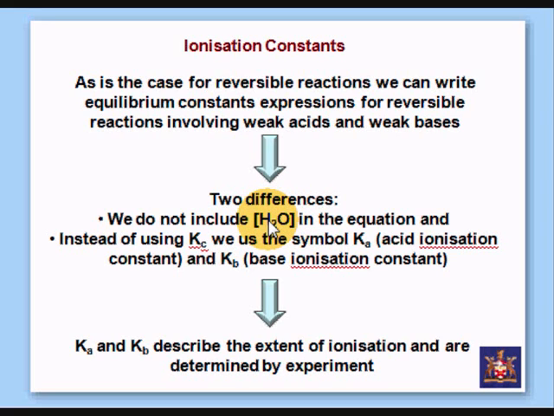It has a value of 1. Instead of using Kc, we use Ka for acid ionization constant and Kb for base ionization constant. Ka and Kb describe the extent of ionization, and so when you get Ka and Kb values in tables, it tells the extent of ionization.